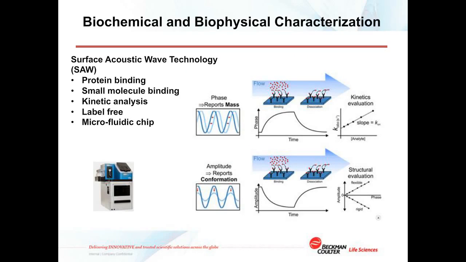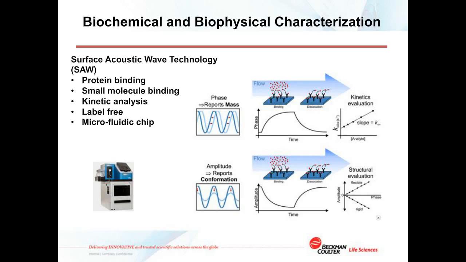More recently, surface acoustic wave technology has been used to generate slightly more information than the surface plasmon resonance method. If you look at the binding profiles that I show in the top right, you see curves that look very similar to SPR.